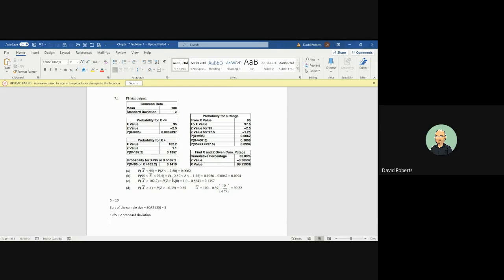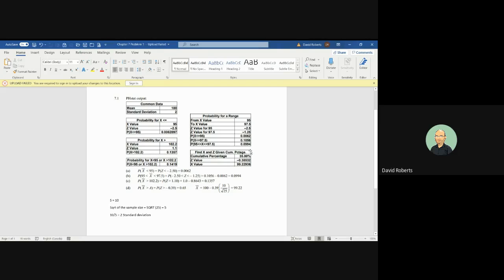So they already had the z-score for 95. You find the z-score at 97.5, and the z-score at 97.5 is negative 1.25, which has a p-value or a probability of 0.1056.